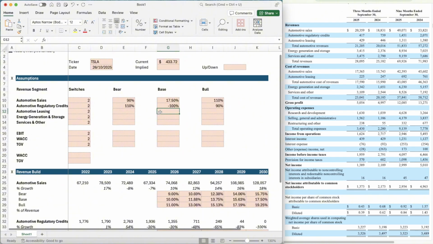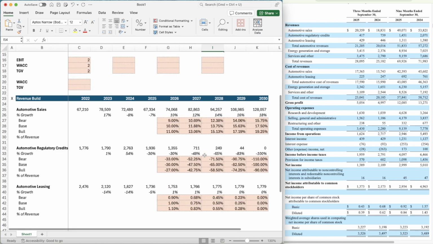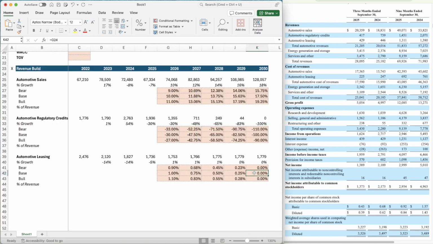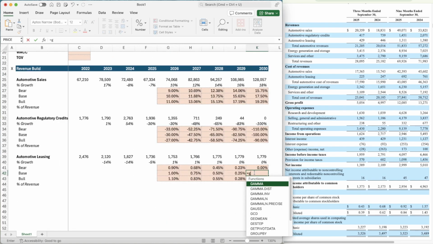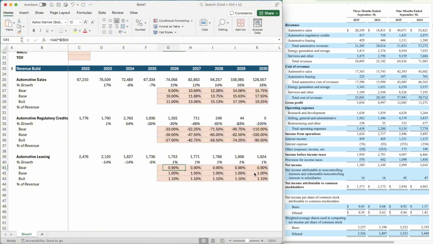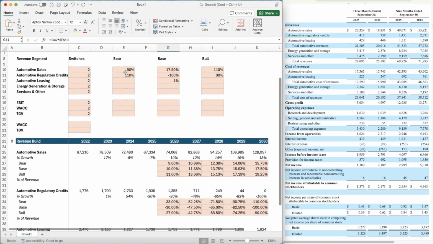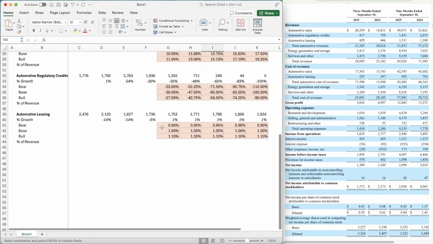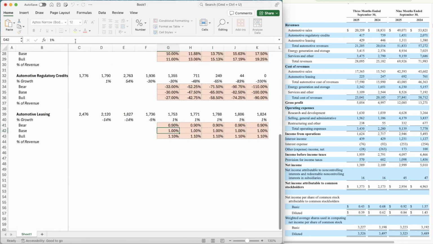And it trends to 1%. G12. Change it to 12. Pull it along.